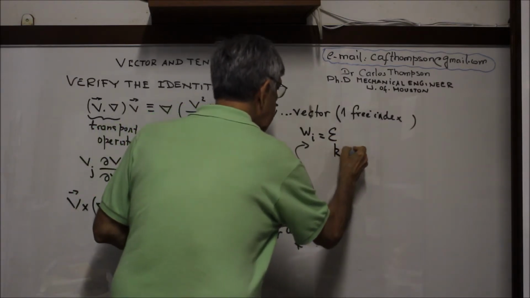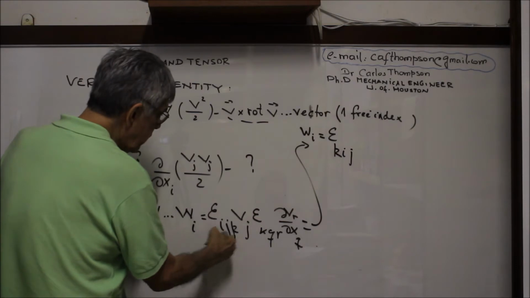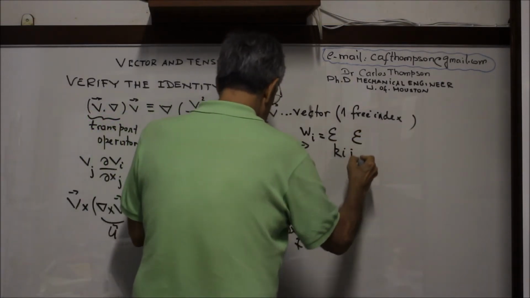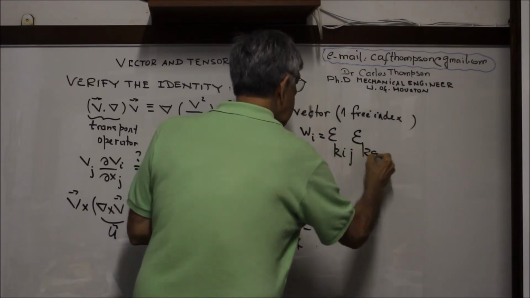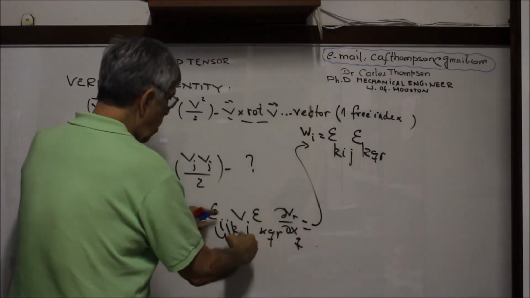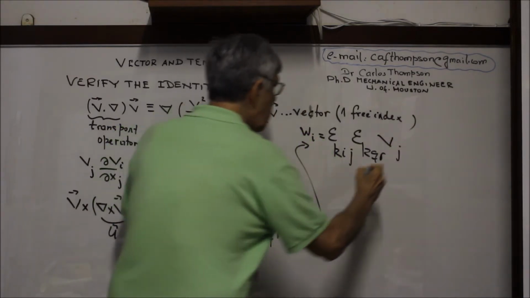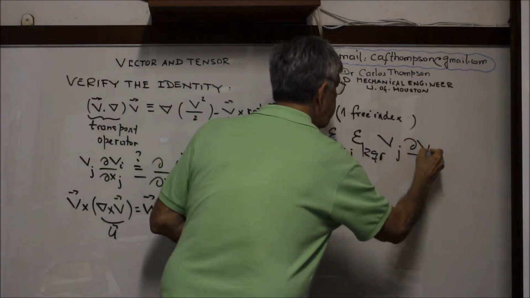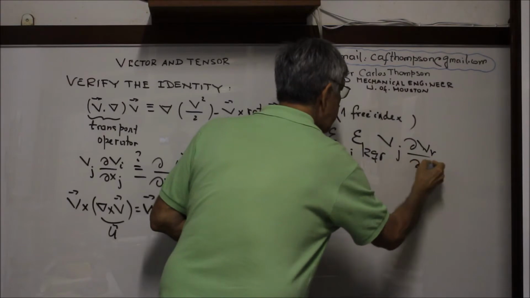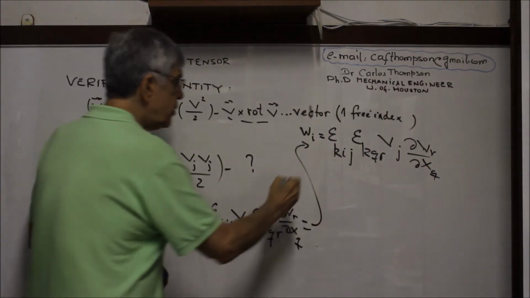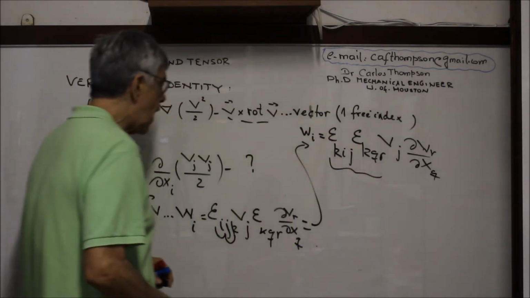KIJ. Epsilon KIJ, I just move once and twice. Epsilon KQR. Now Vj, and partial of VR with respect to XQ. Now let's use here the identity.